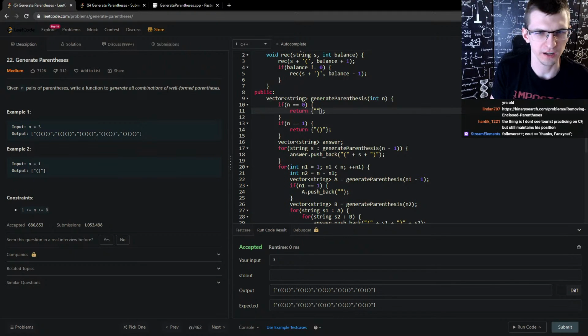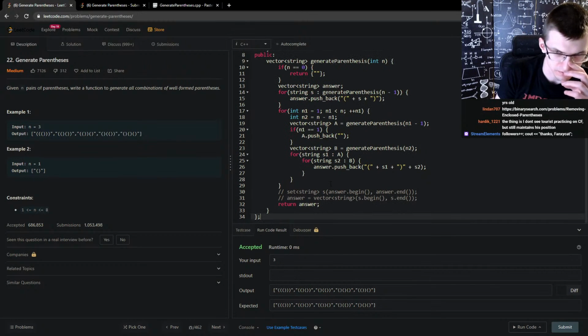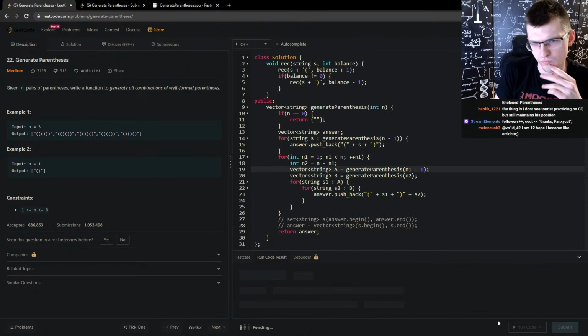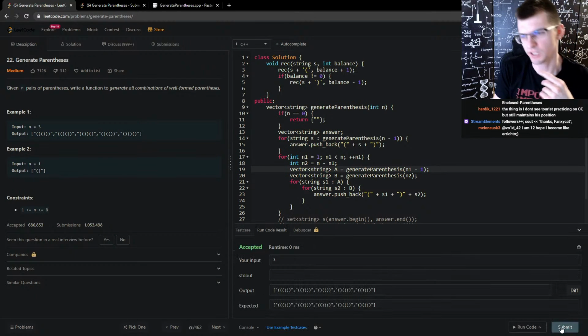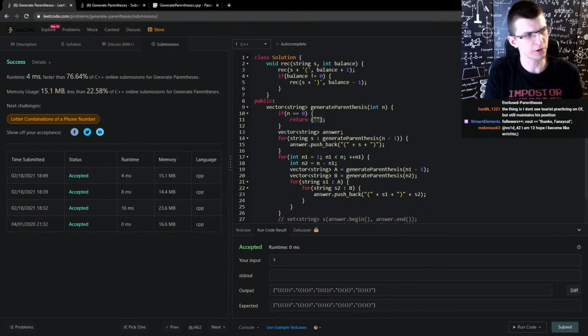For bigger N, actually I don't use it. My mouse is dying. Oh, I think this still works. That's nice. I was thinking that because I create here an empty string, it will propagate.